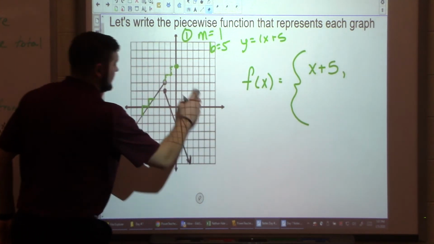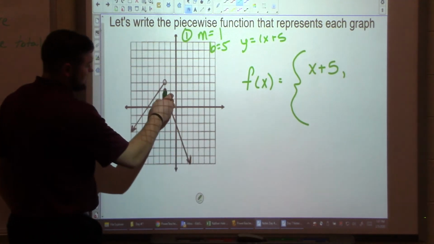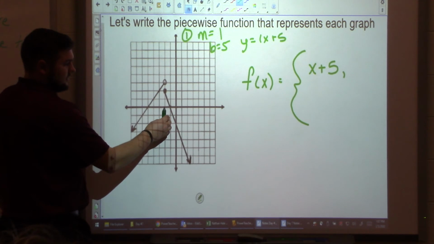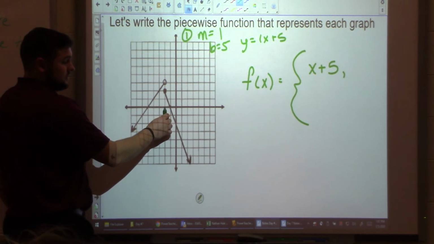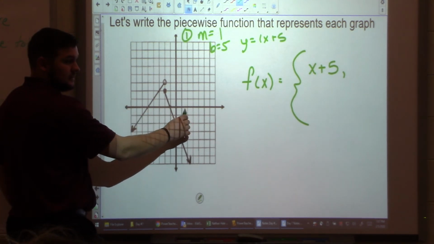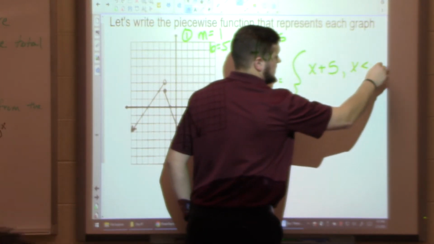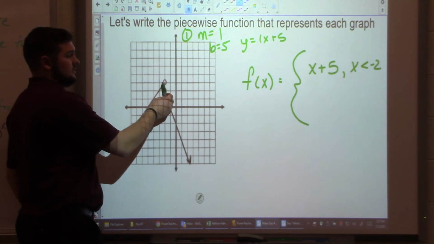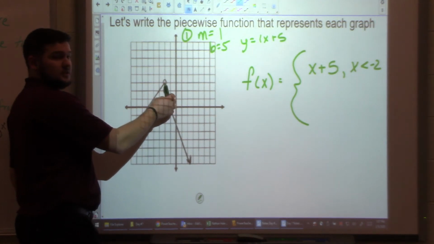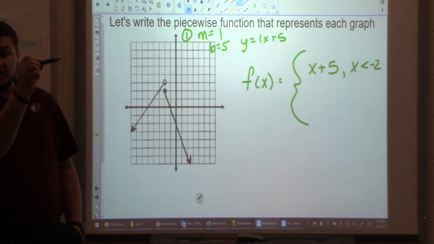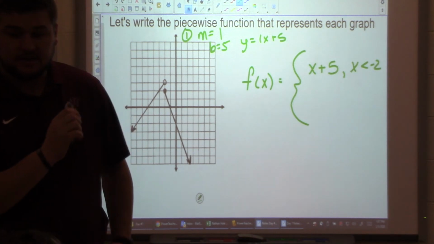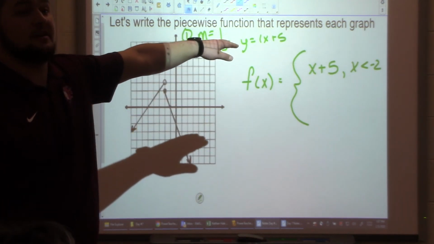If I look here, at what x value does it begin? Negative 2. Does it go less than negative 2 or greater than? Less than. So x less than negative 2. And then is it an open circle or filled in? Open. So should I have an or equal to? No. Okay, that first part's all done.